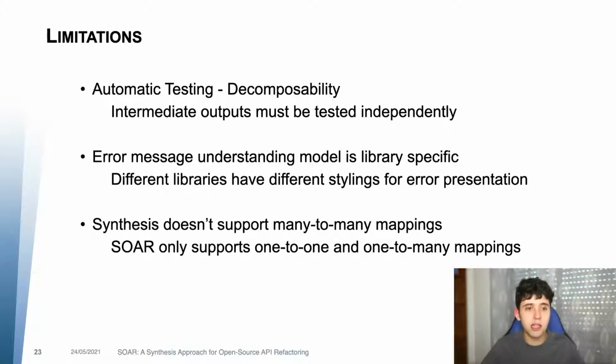Another limitation is that the error message understanding model is library specific, and because different libraries have different styles of error presentation, it might not generalize well across libraries. A third limitation is that SOAR does not support many-to-many mappings. Our current implementation only does API mappings that are one-to-one, and we also support a limited one-to-many.